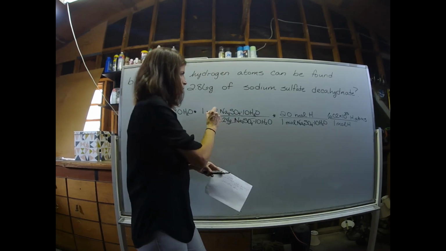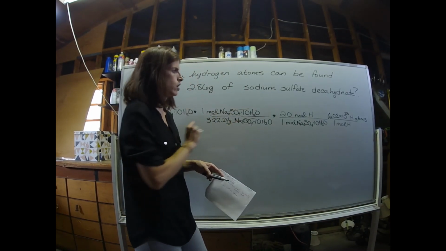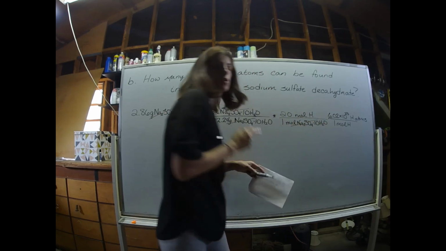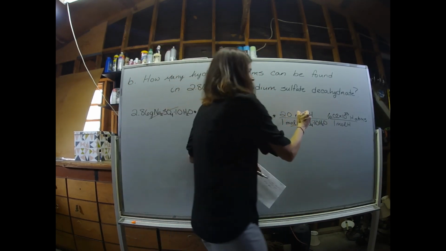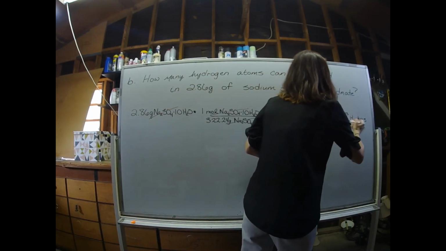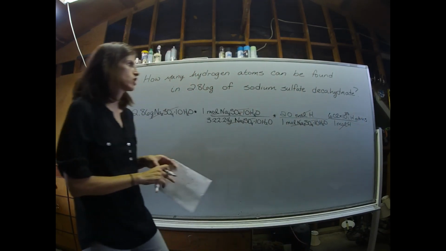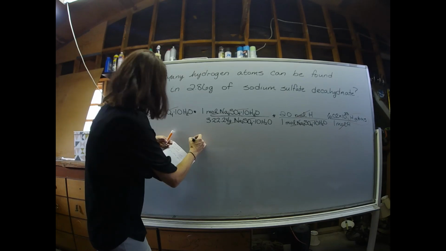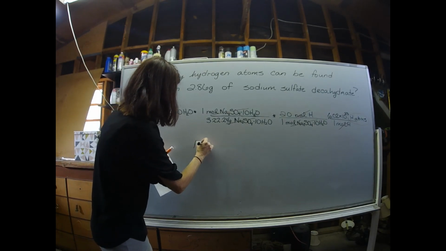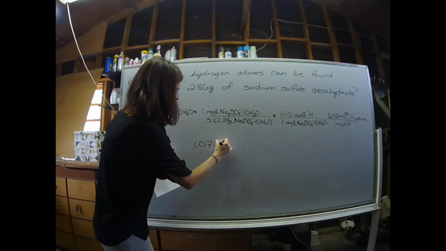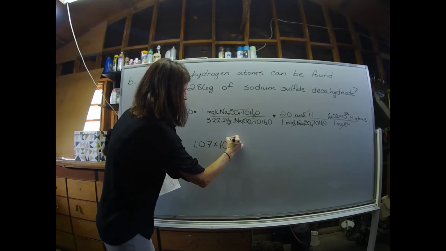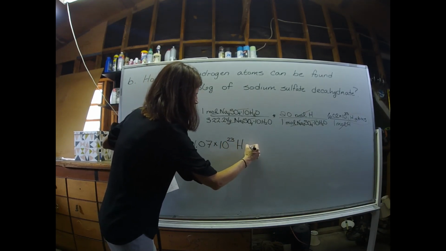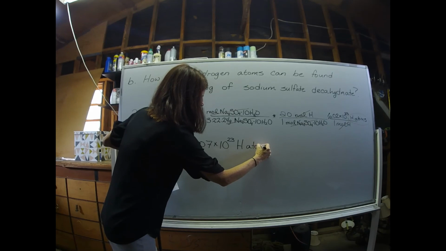So moles of sodium sulfate decahydrate will cancel moles of sodium sulfate decahydrate. Moles of hydrogen cancel moles of hydrogen, leaving us with just hydrogen atoms. 3 sig figs, so I got 1.07 times 10 to the 23rd hydrogen atoms.